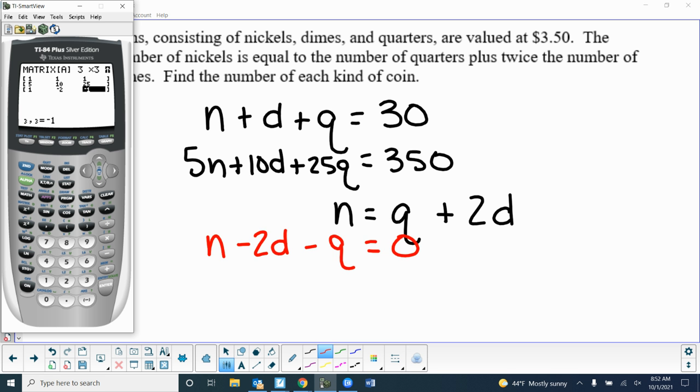Okay? Second quit, jump out. Second matrix, edit number 2 for the B matrix, a 3 by 1 now. And we got 30, 350, and 0. Second quit. How do we get A inverse B to show up? Second enter. And then hit enter.